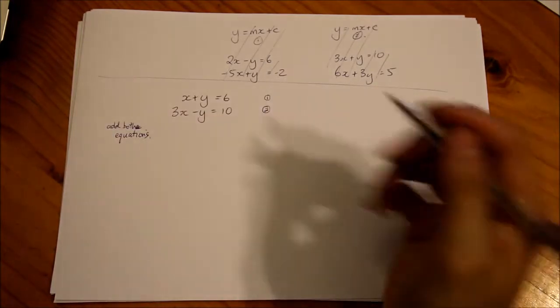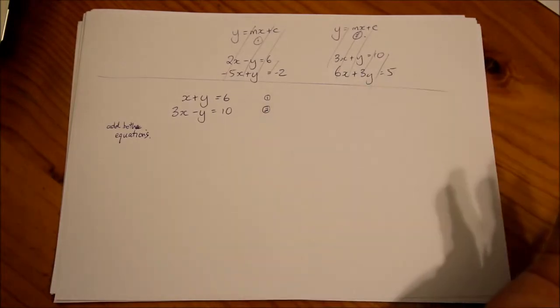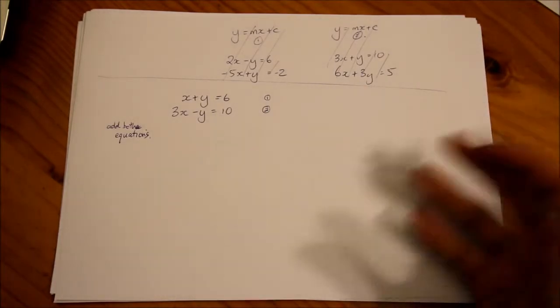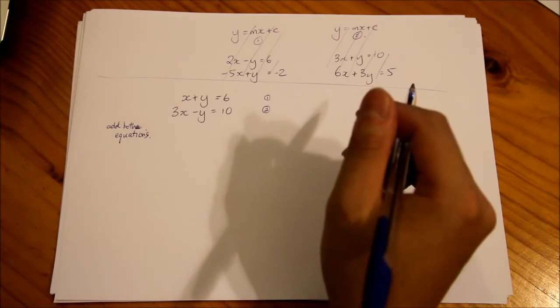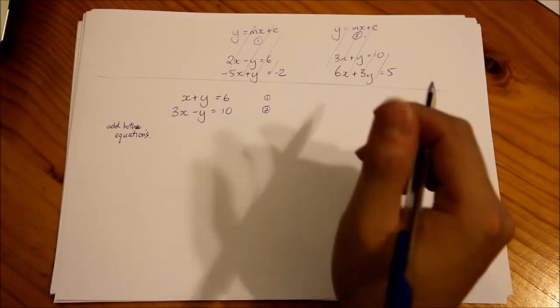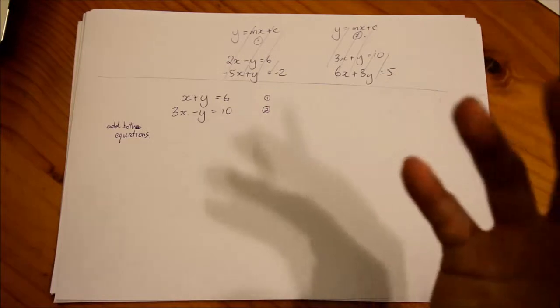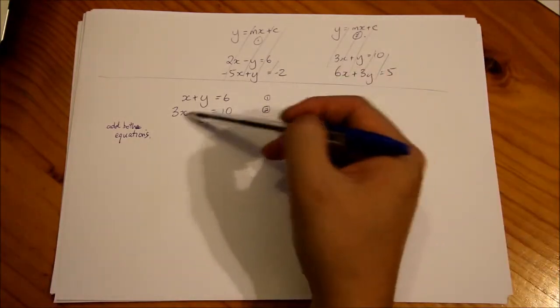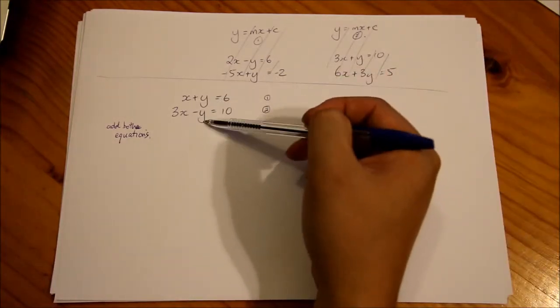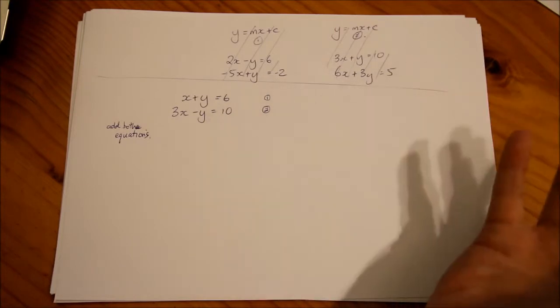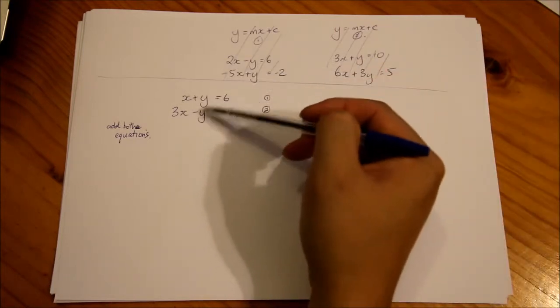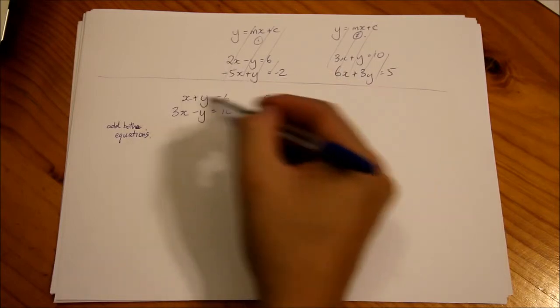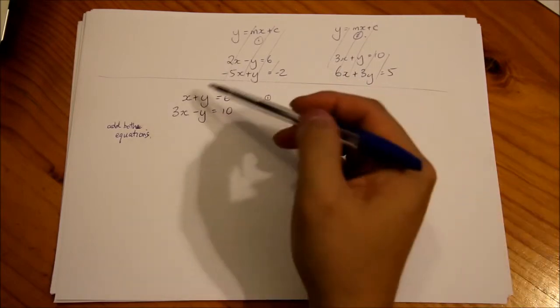I'm going to do a couple more examples, and hopefully that trend will be a little bit clearer of what you're actually aiming to do. So we want to eliminate one of the pronumerals. I'm going to eliminate y. It's always a good starting point to do that. And to eliminate it, you're wanting to add the two equations together.